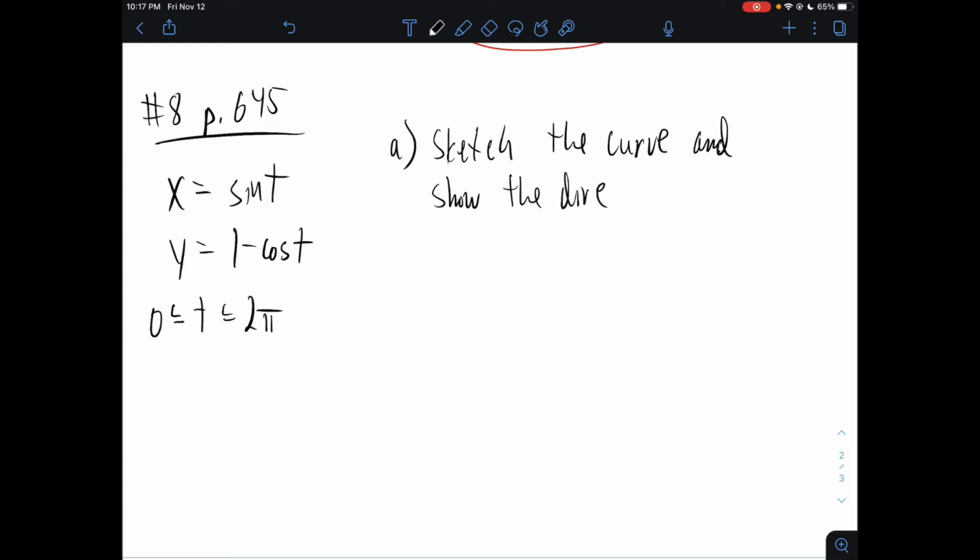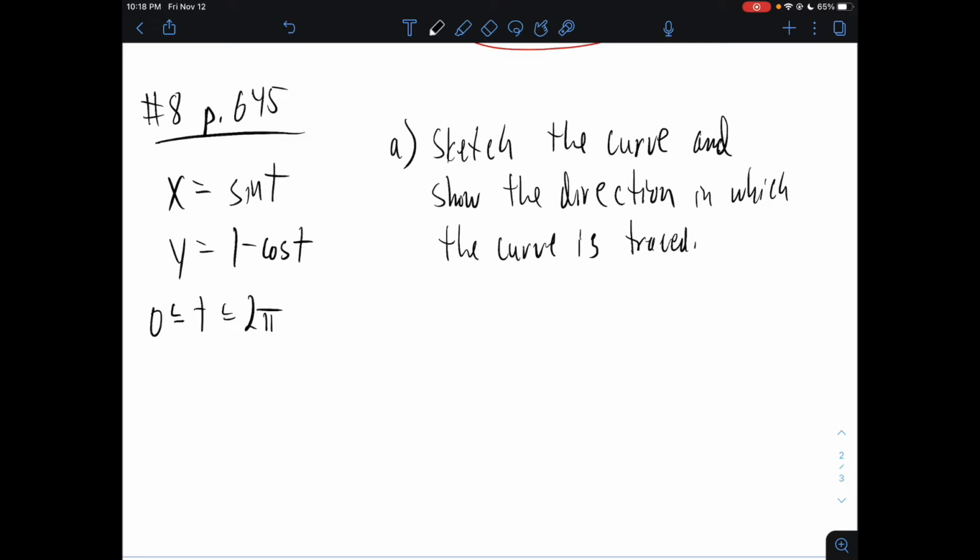So we're going to sketch the curve and also show the direction in which the curve is traced. And then in part B, we're going to eliminate the parameter to find a Cartesian equation of the curve. Cartesian just means xy.